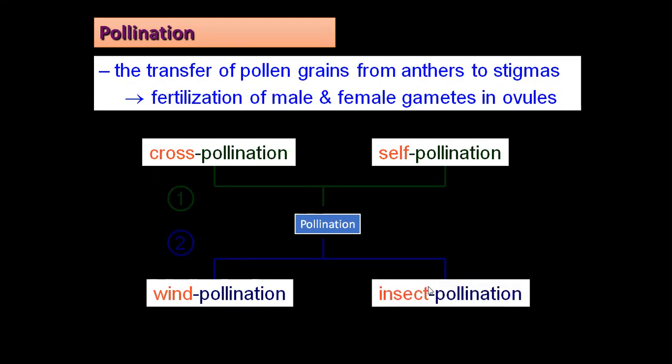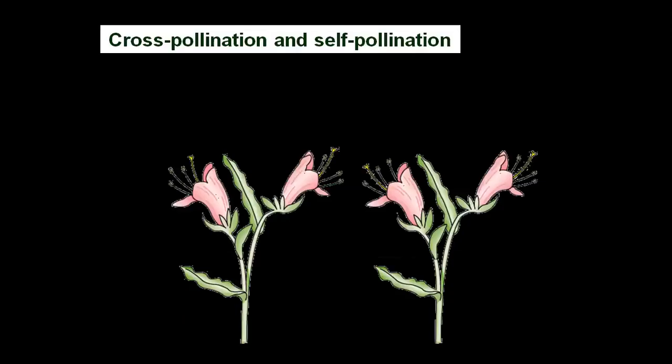While pollination in which insects play an important role is insect pollination. But remember the basic types, if we are going to mention them in the exam, they are cross pollination and self pollination. Okay, now let us discuss these types in detail.